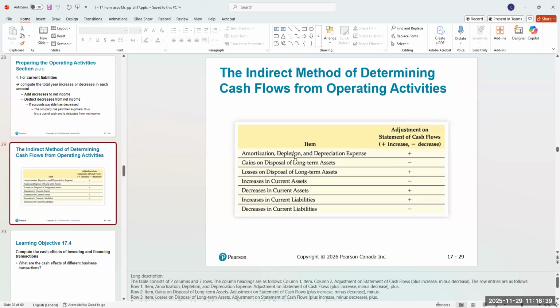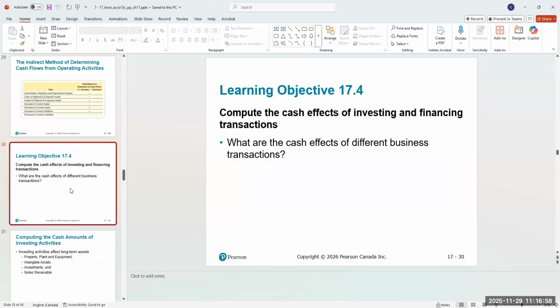Now, amortization and depreciation expense, added. Gain, deducted. Losses, added. An increase in current assets is negative on the cash, a decrease in current assets is positive on the cash, and on the liability side it's the opposite. However, pay attention to this.